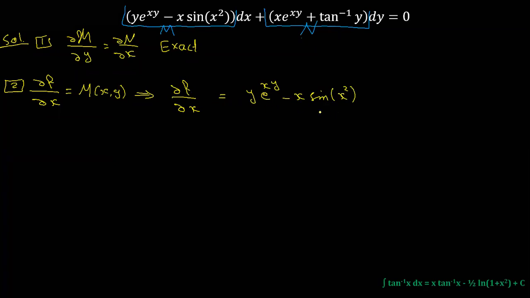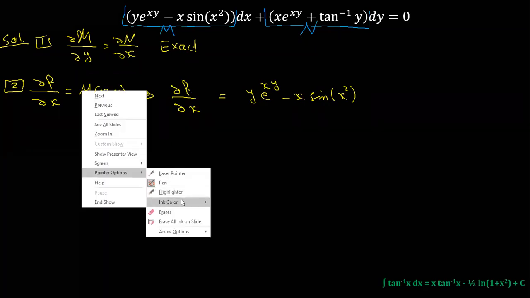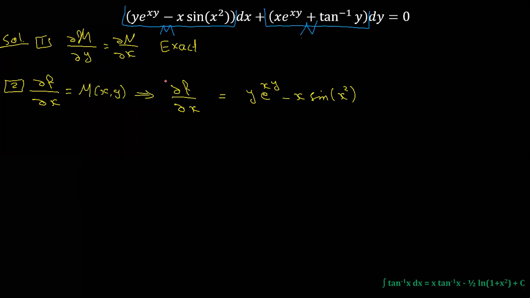Any question here about this step? Now I'm going to integrate both sides with respect to x. So let me use another color here. Take the integral here with respect to x, and the integral here also with respect to x.